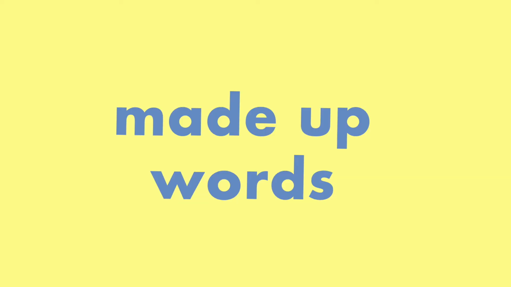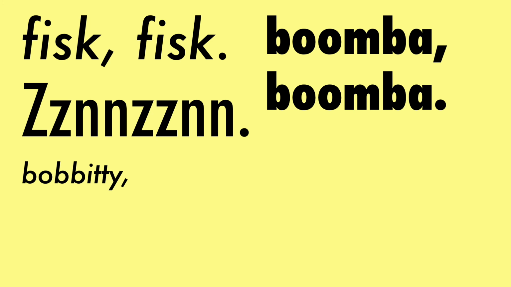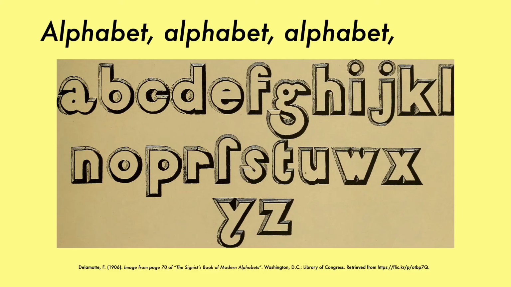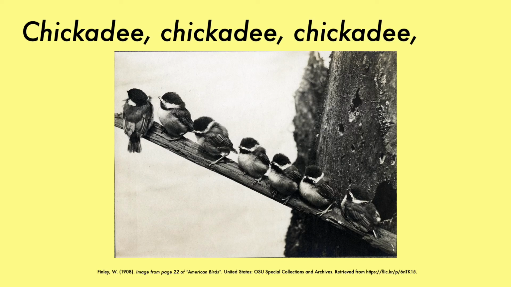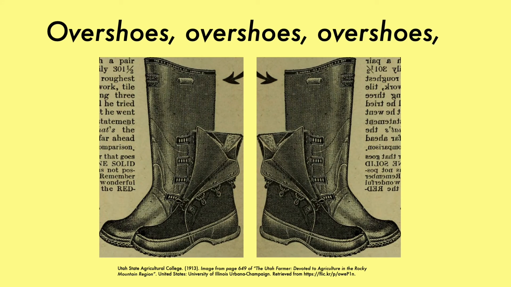Chris Raschka used made-up words like fisk, boomba, zun zun, bobbity, bippity, bop, bang. He also used words taken from real life like alphabet, chickadee, overshoes.